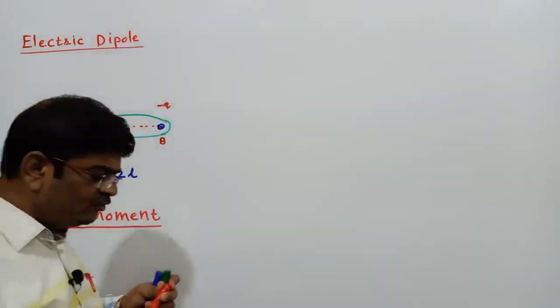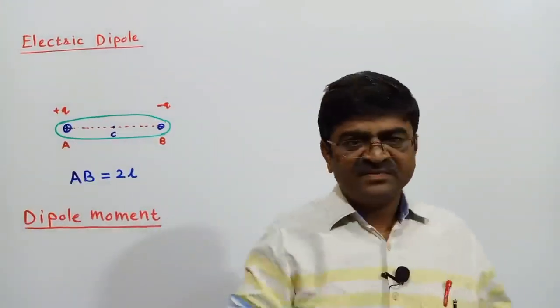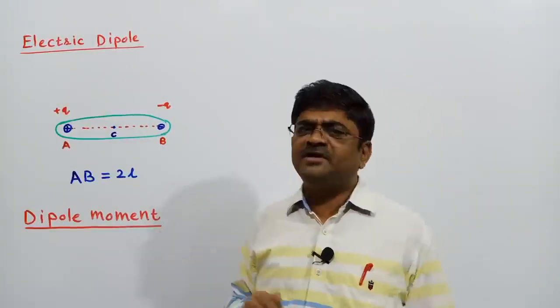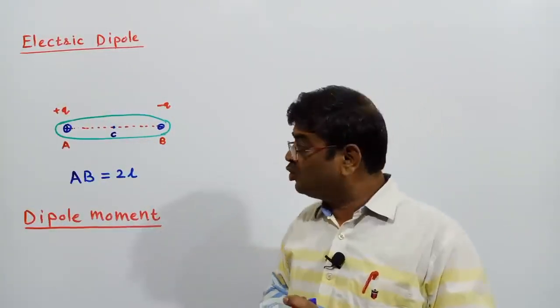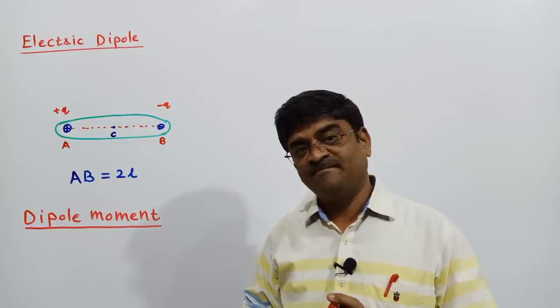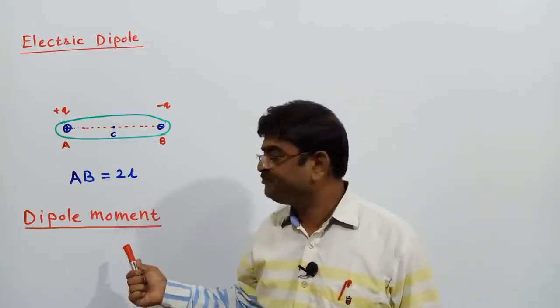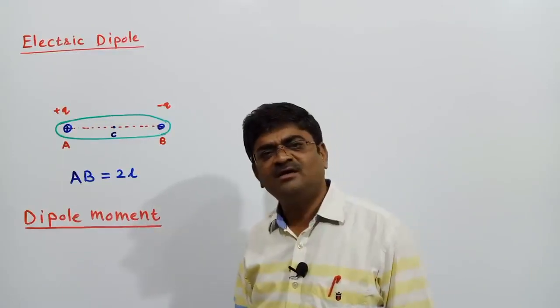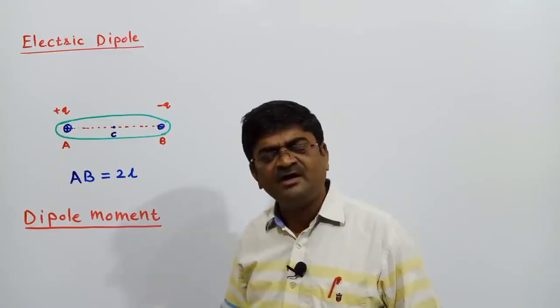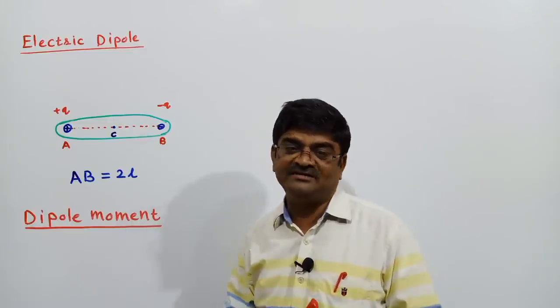As I told you, I would like to know the strength of the dipole. Now to know the strength of the dipole, the physical quantity which I need to study is the dipole moment. Let me first straight away tell you how I calculate that.